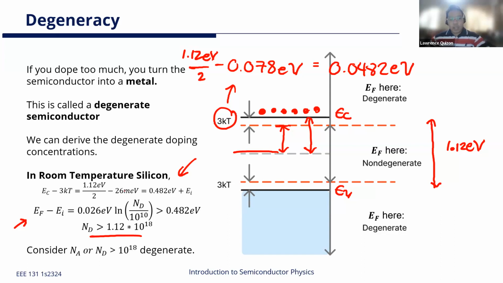Now, dito sa solution na to, meron akong assumption. Can someone point out kung ano yung assumption ko for this solution? Ano yung original equation na ginamit ko dito? This is EF minus EI equals kT ln of something over ni, no?